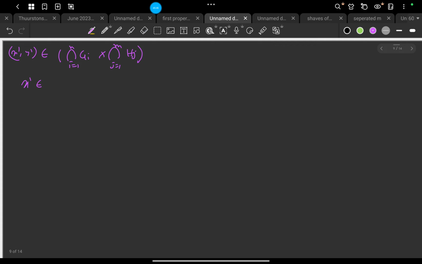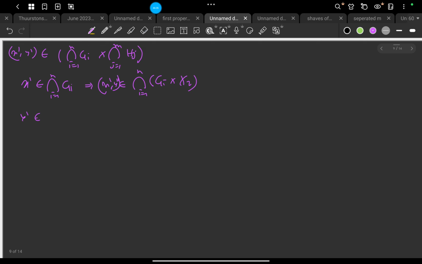So of course then x' belongs to the intersection of Gi, i equals 1 to n. This means (x', y') belongs to Gi cross X2, because y' is itself in X2, for all i.